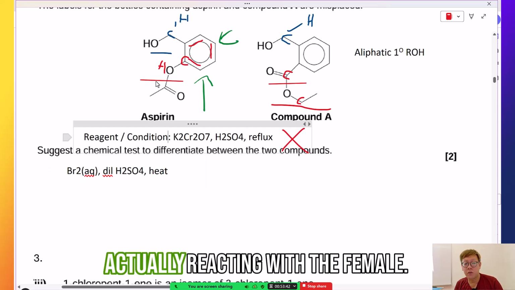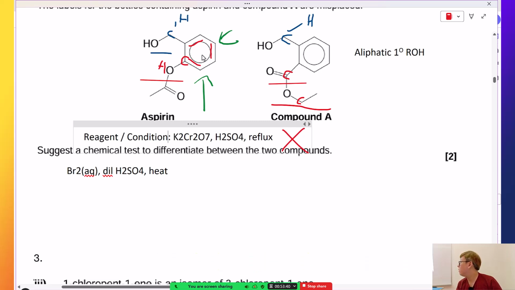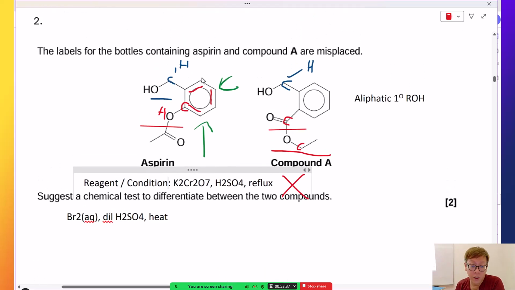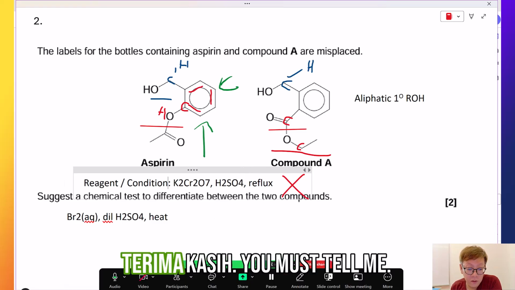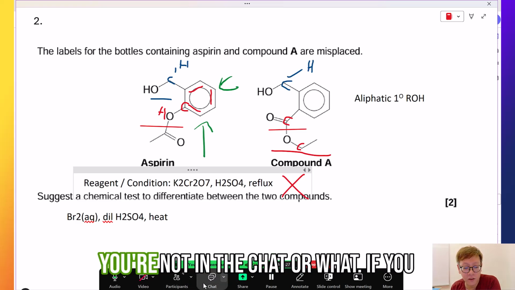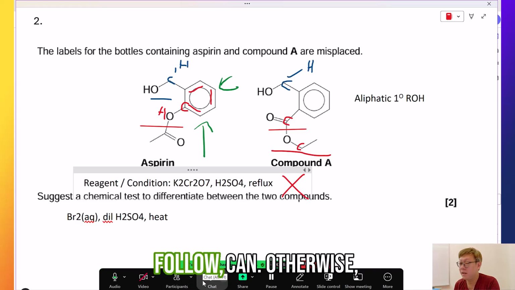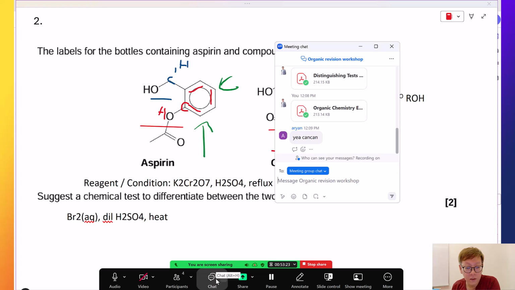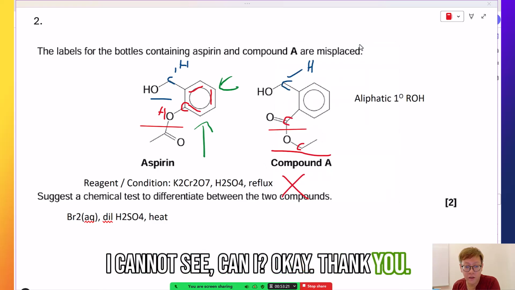And the Br2 aqueous is actually reacting with the phenol. Understand already? Follow? You must tell me. You nod your head, I cannot see, okay? You type in the chat if you follow. Can? Otherwise I cannot see. Okay, thank you.